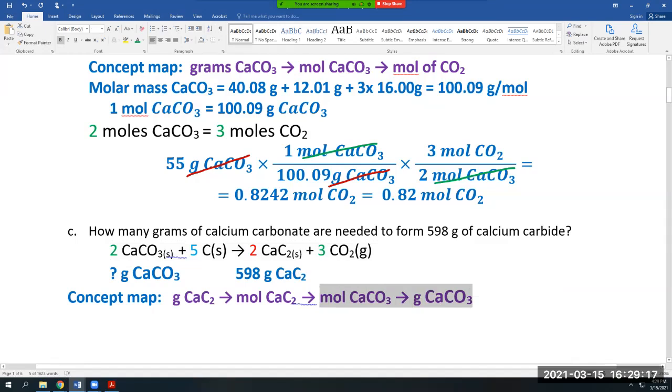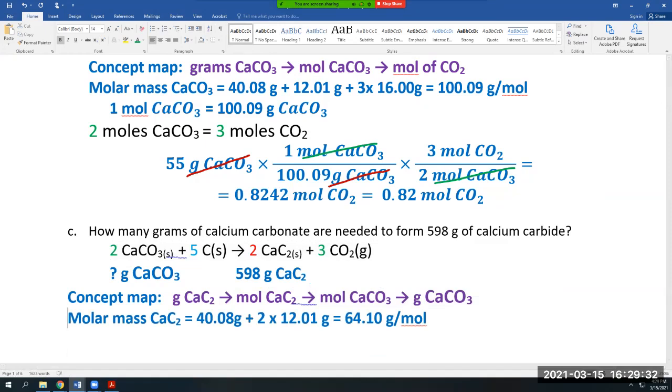So we will need 3 conversion factors. The first one will use the molar mass of calcium carbide. So let's calculate the molar mass of calcium carbide. We already know the values for each of the atoms. Calcium is 40.08 grams one time.